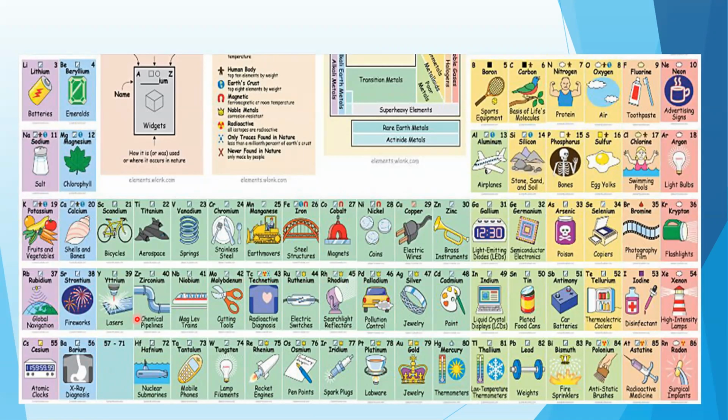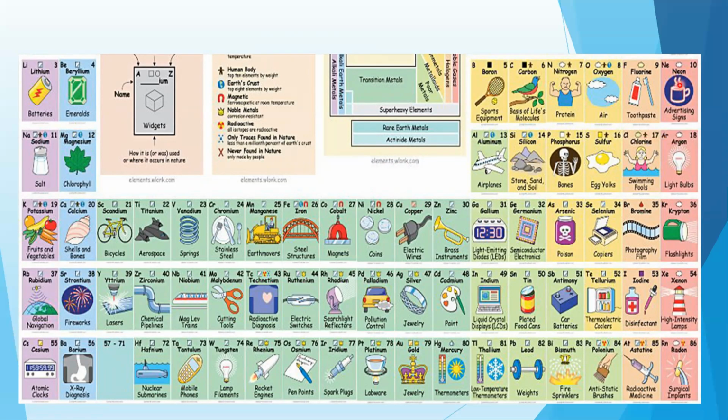You can see that 57 to 71 is separated as a different series of elements, the lanthanide and the actinide metals. These are the transition metals that we were talking about. Then we have poor metals, metalloids, non-metals.